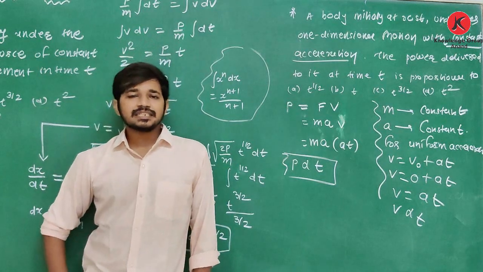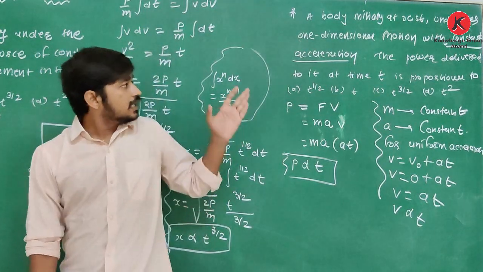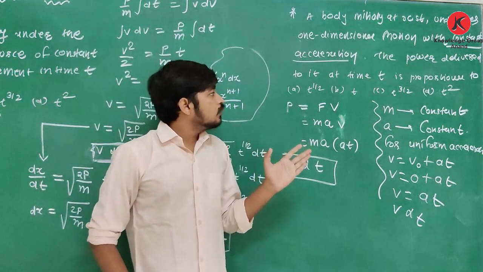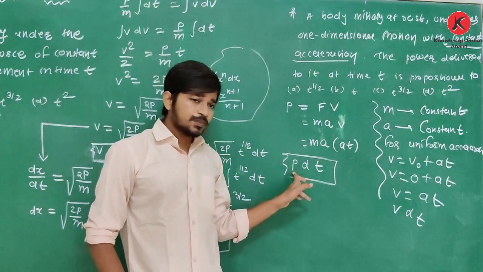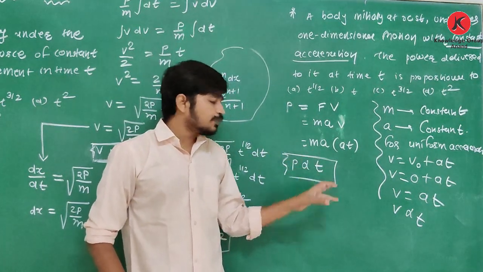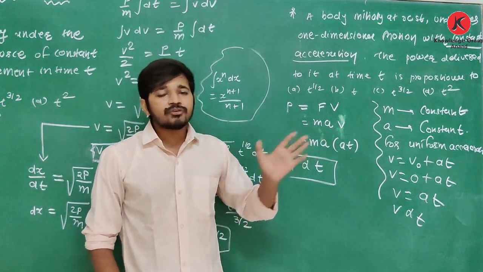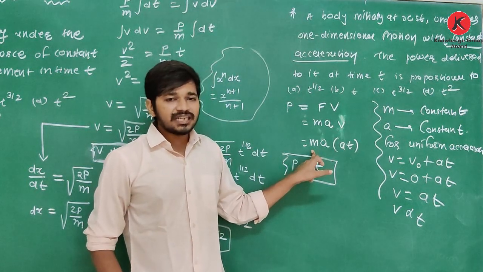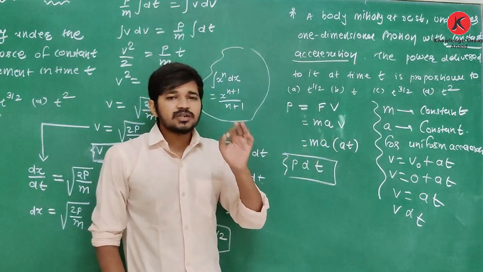So yes, it is again one simple question. When it is moving with constant acceleration, the power delivered to it in time t is proportional to t. See how to make these types of relations. If you have to find the relation between any two quantities, the other quantities must be constant.